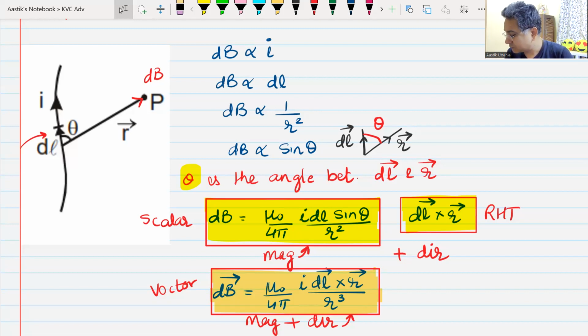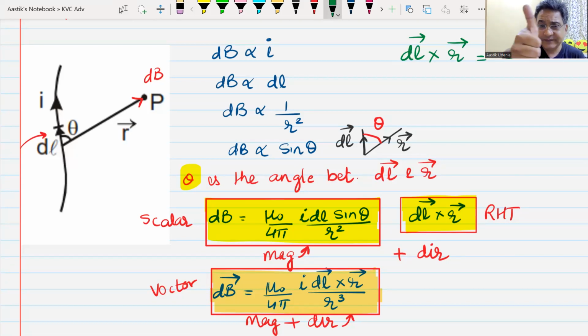So, how do you find the direction of magnetic field? dl is your first vector. Cross r is your second vector. That must give you the direction of magnetic field. The thumb of your right hand should point in the direction of dl, thumb.